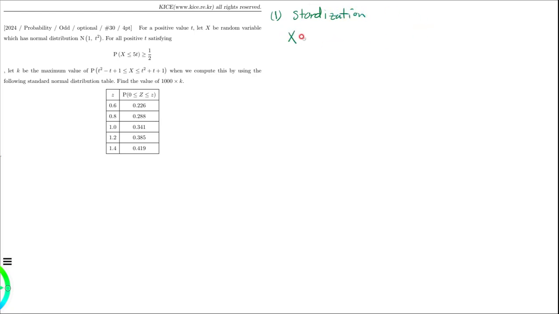When a random variable has a normal distribution with mean m and variance sigma squared, its probability density function looks like a bell shape, symmetric with respect to this vertical line passing through m.